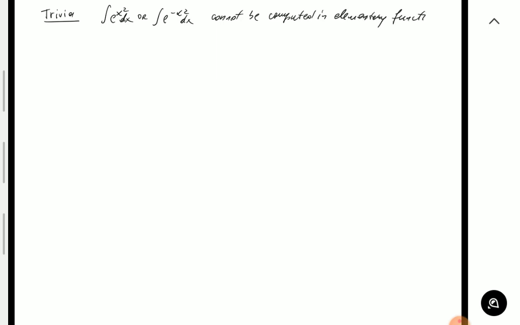In other words, you can approximate it via, say, series or stuff like that, but although the antiderivative exists, it cannot be given in terms of elementary functions, like polynomials, radicals, and so on, or fundamental functions, like trig functions, natural logs, whatever you like, okay? So you cannot basically find the exact form for this antiderivative.